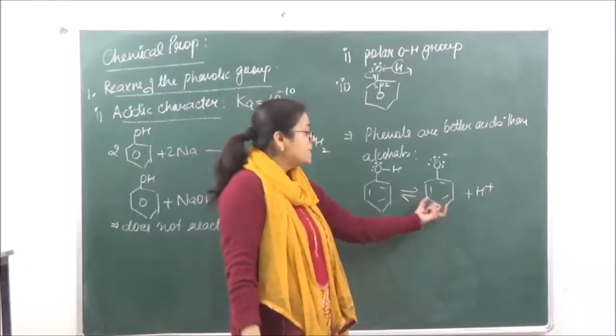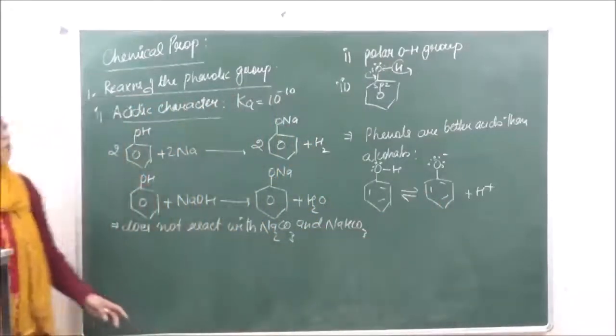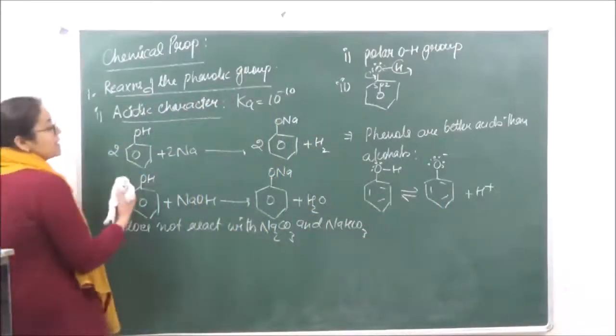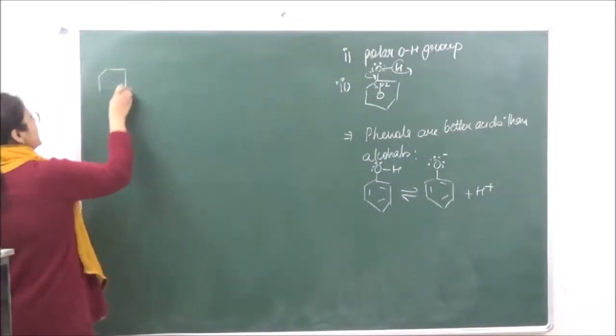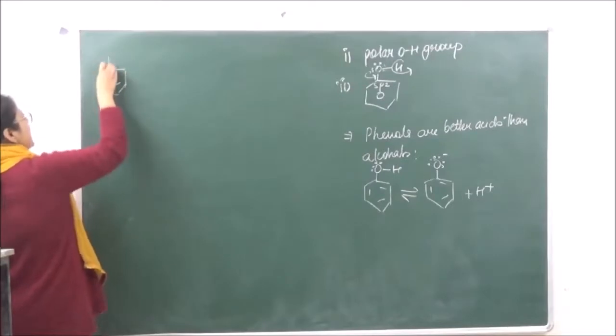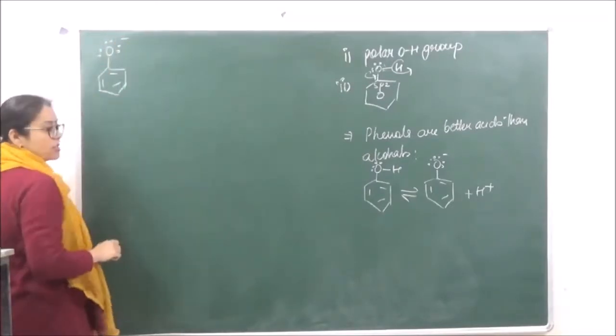Okay? It is seen that the phenoxide ion is resonance stabilized. Let's go on to the resonating structures. So when we look at the resonating structures of phenoxide ion, this is the phenoxide ion.